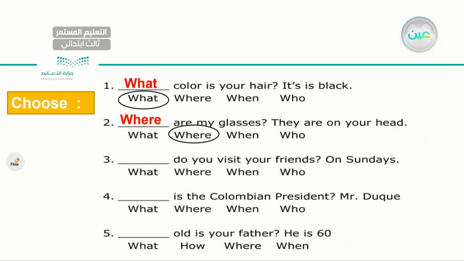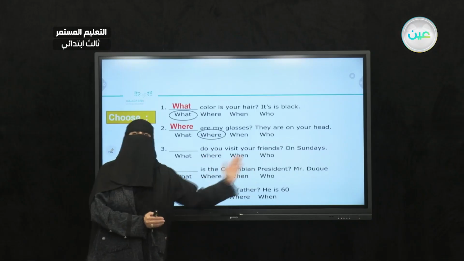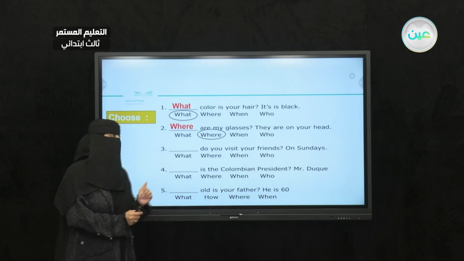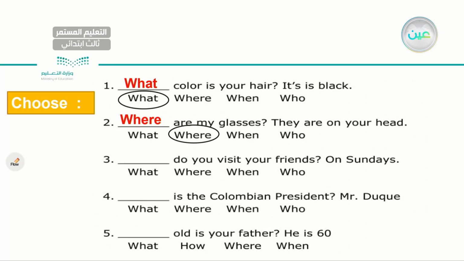How about number 3? Do you visit your friend? The answer, on Sundays. I have time. I have days, right? So what do you think? What, where, when, who? Because I have a time, we will be using when. When do you visit your friends?